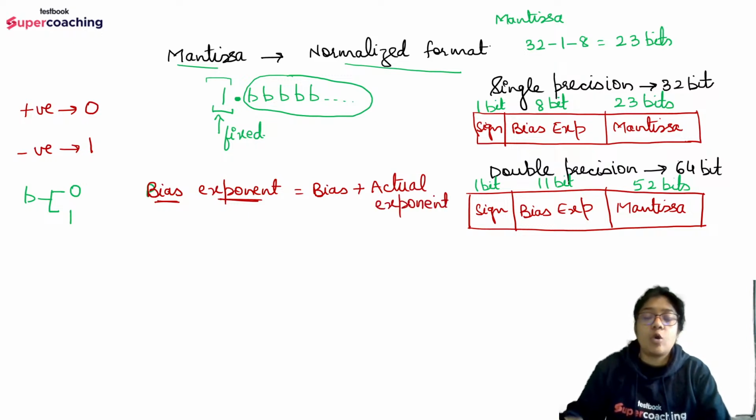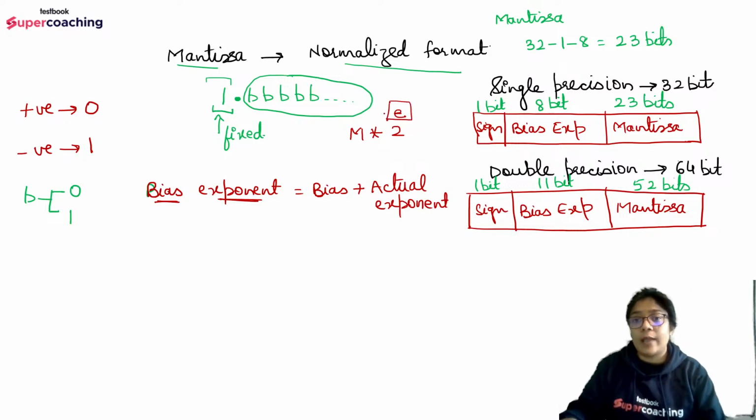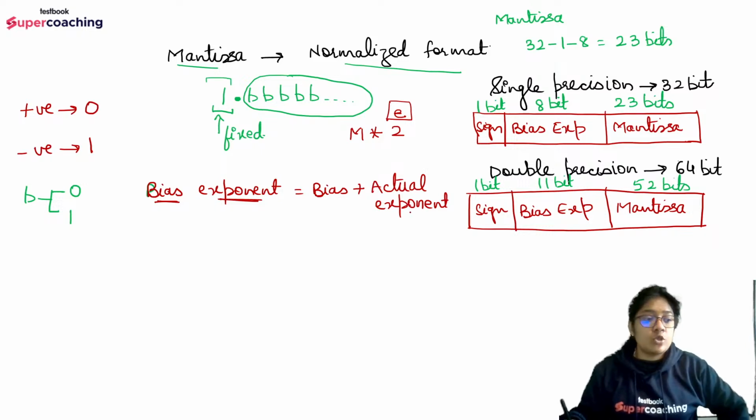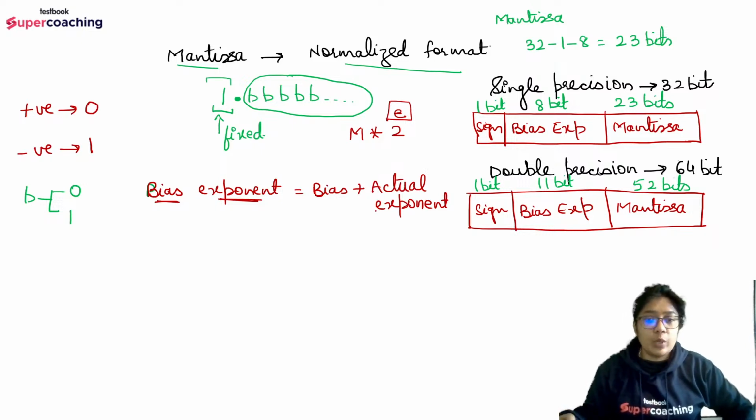Actual exponent, obvious सी बात है कि अगर मान लीजिए आपके पास कोई नंबर आ रहा है something like Mantissa is there and into 2 raised to power minus or whatever it is e. So this is the actual exponent, means जो भी actual power आ रही है that is known as the actual exponent. ये question to question vary करेगा.